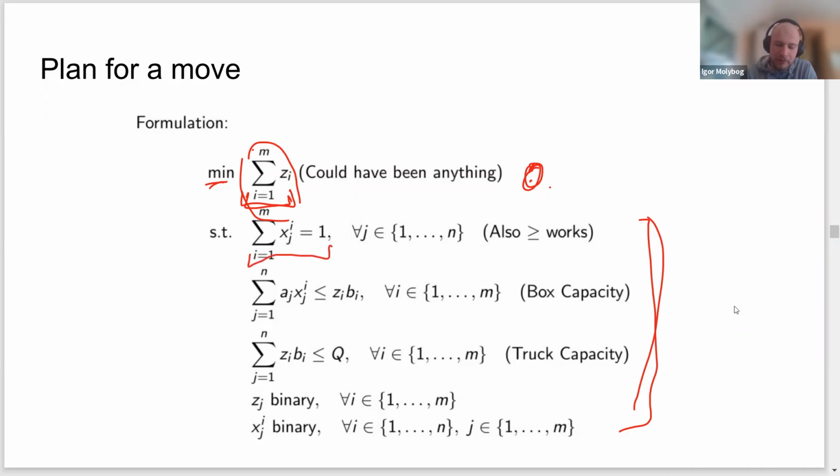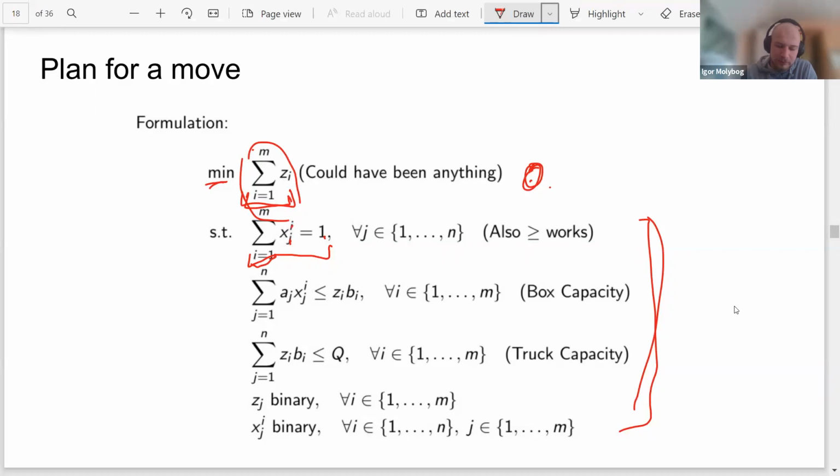So the sum over all of the boxes of the indication that item J is in box I must be equal to 1. I am not so sure that greater than or equal works, but let's ignore this because it really should be equal to 1.